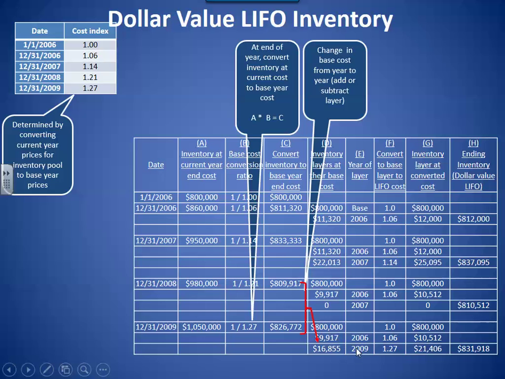Our 2009 layer has to take us to the 826,772. So in order to do that, our 2009 layer will be $16,855.